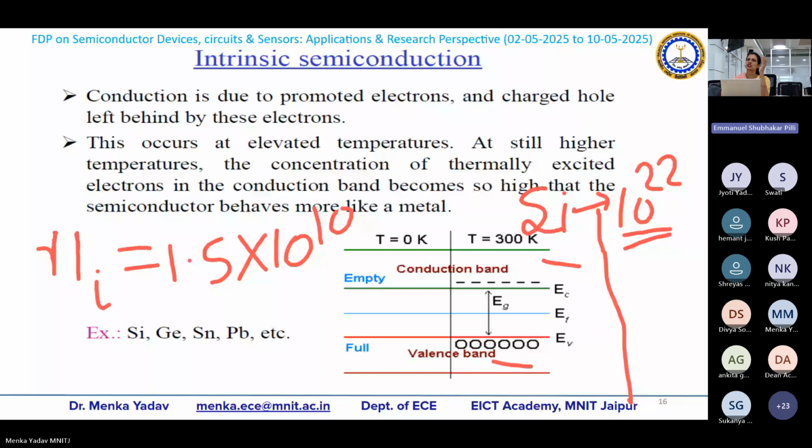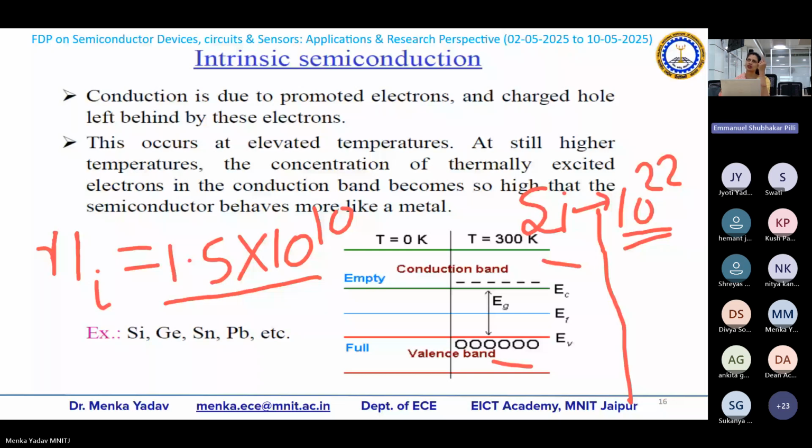These intrinsic numbers of electrons and holes, the intrinsic carriers, we will represent by Ni. N stands for negatively charged particles, I for intrinsic. So this is 1.5 into 10 raised to power 10. Now, if you want to modulate it, you can increase the temperature, and this value is going to go up.